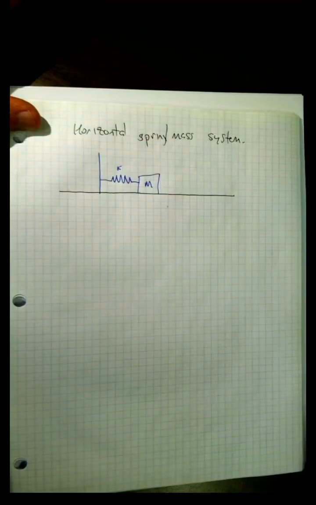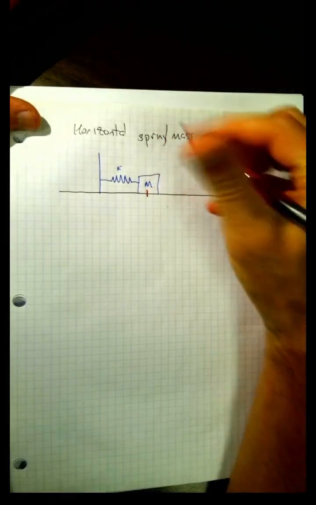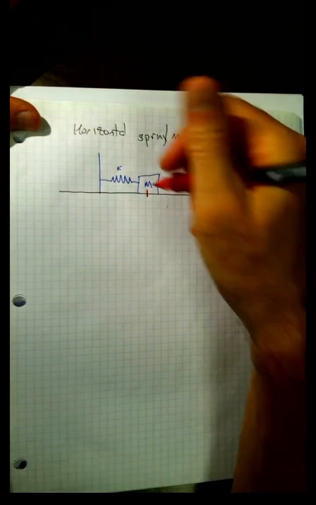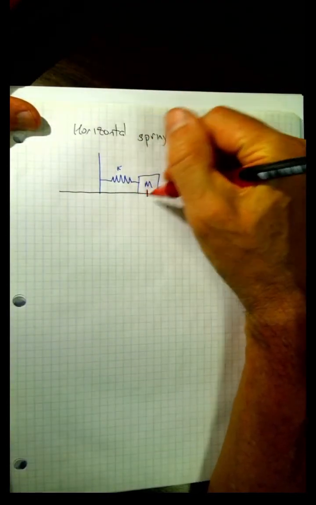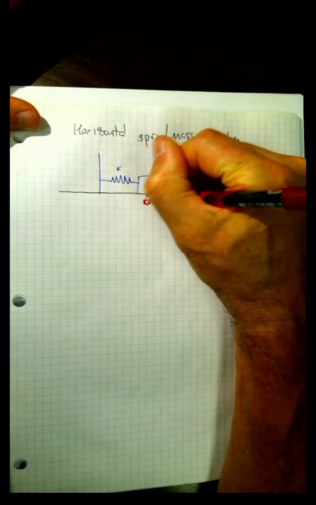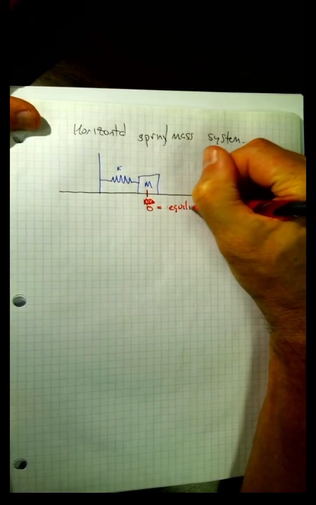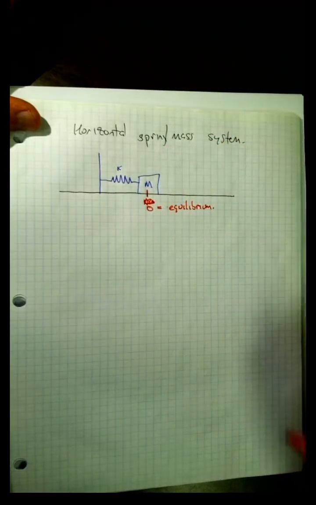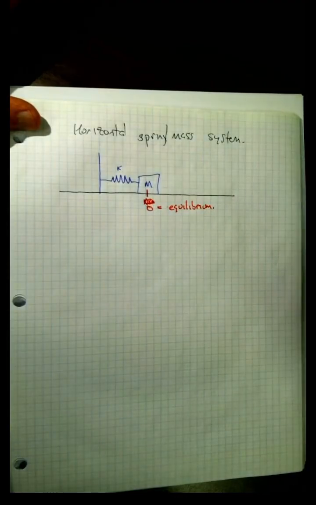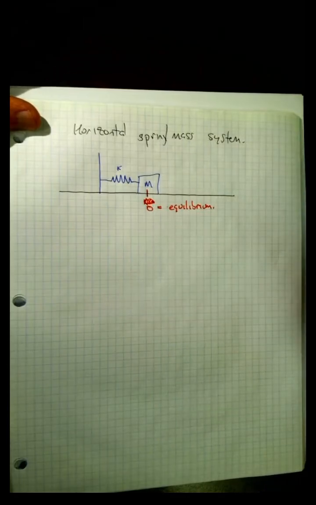So we've got to define what that means. So for the position, we are going to first determine the origin. And we're going to call x equals 0 the equilibrium point. So this is where this spring basically wants to naturally be without being deflected or compressed or pulled out.